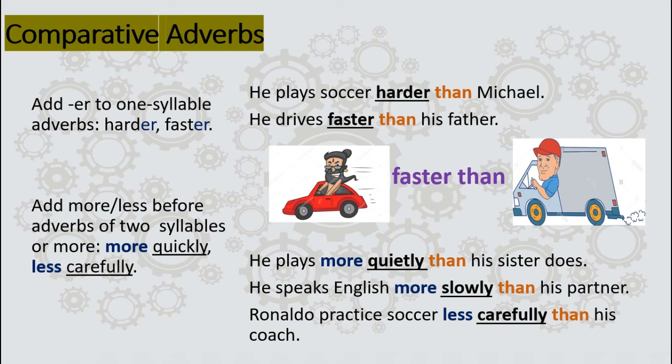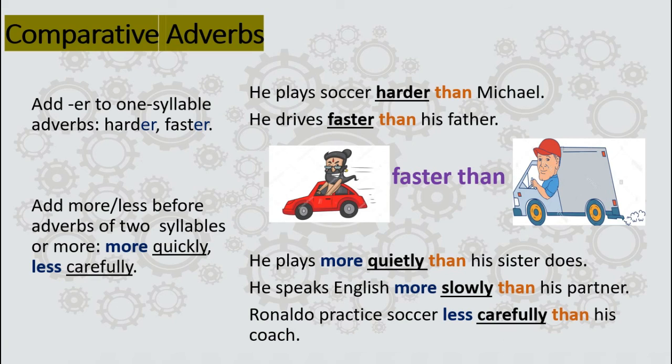In this case, we have adverbs with one syllable, right? Faster, harder, hard, fast. Okay, with these we only add er. He plays soccer harder than Michael. He drives faster than his father.